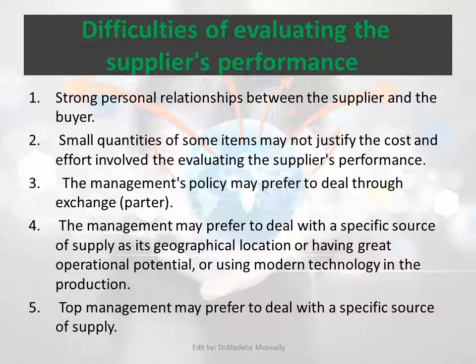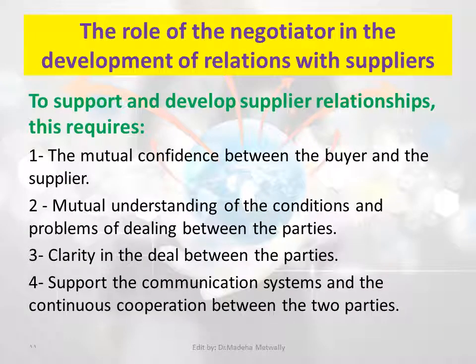Third, management's policy may prefer to deal through exchange or barter. Fourth, management may prefer to deal with a specific source of supply because of its geographical location, its great operational potential, or its use of modern technology in production. Fifth, top management may prefer to deal with a specific source of supply.